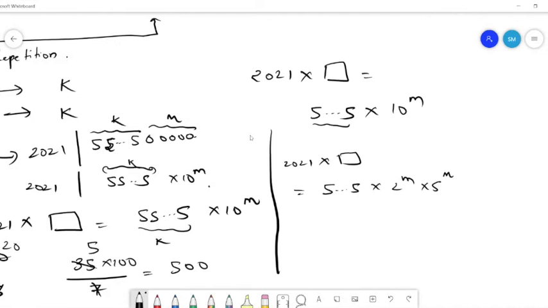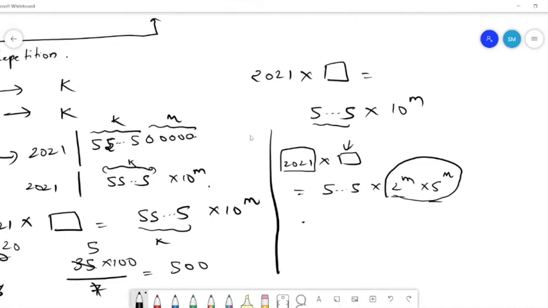On the right hand side we have 2 power m and 5 power m, so on the left hand side we also need to have 2 power m and 5 power m somewhere. If you break it into prime factors, we know that 2021 doesn't have 2 or 5 as factors, so both 2 power m and 5 power m have to belong there, along with something else.